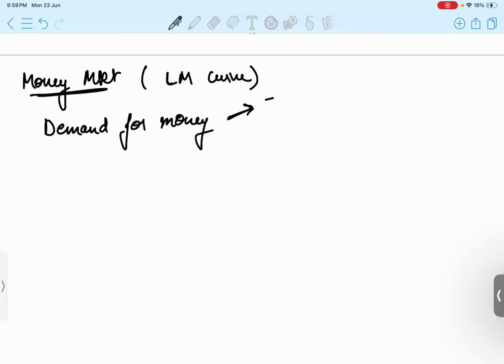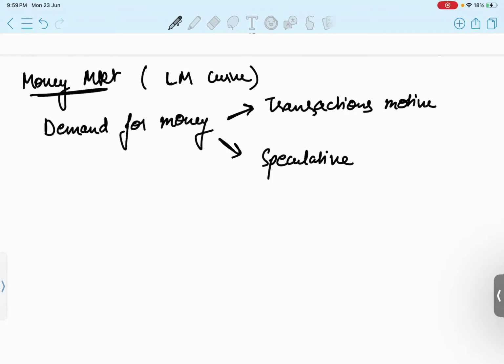One is going to be the transactions motive, and another is the speculative motive. And we can write it down as money demand being a combination of the money demand for the transactions motive and the money demand for the speculative motive.